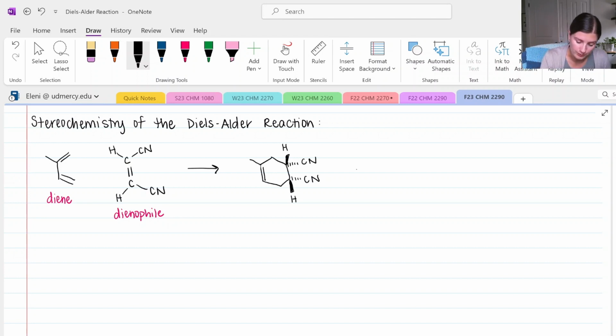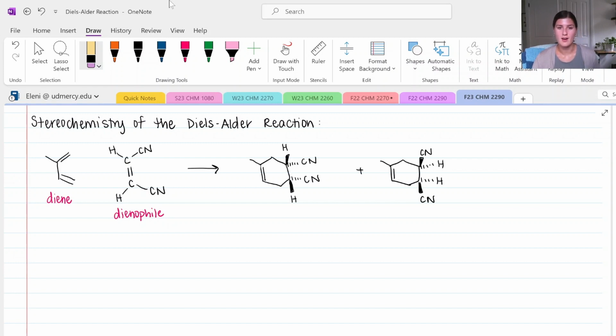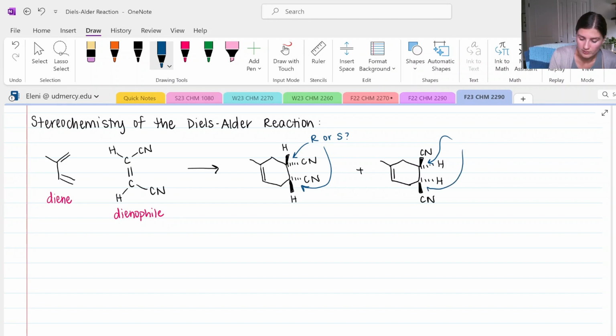Another product is observed where essentially the wedges and dashes are flipped. So we have 2 different products. These are enantiomers of each other. 2 of the carbons now have stereocenters, which we can describe as R or S. There and over here.